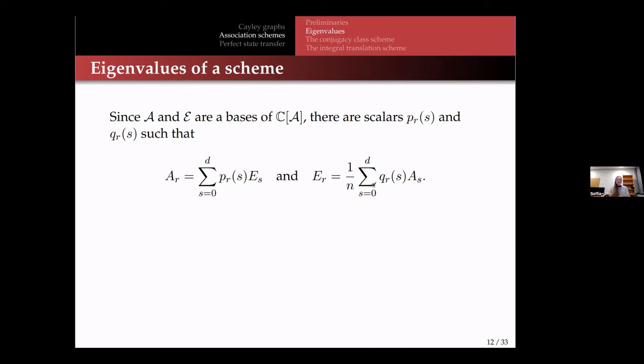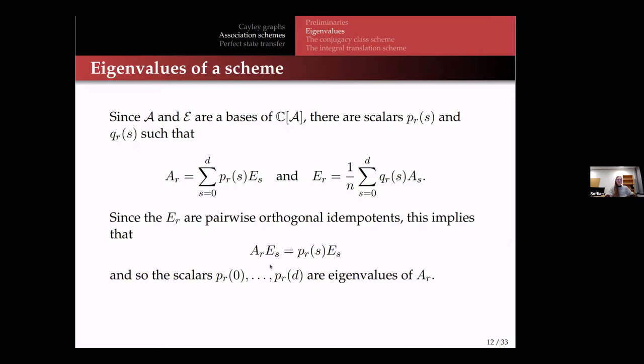And similarly, we can write every ER as a linear combination of the ARs. We get these other scalars here, QR of S. We put in 1 over n in this one just because, why not? And so now if we look closely at these equations here, we can actually see that if we multiply AR and ES, we get PR of S times ES.